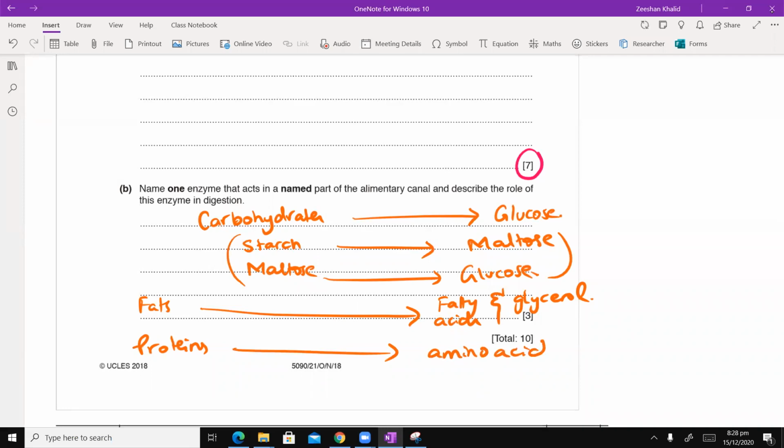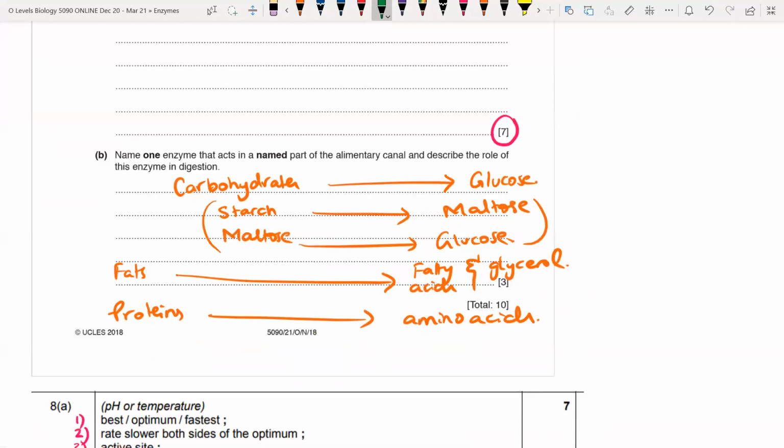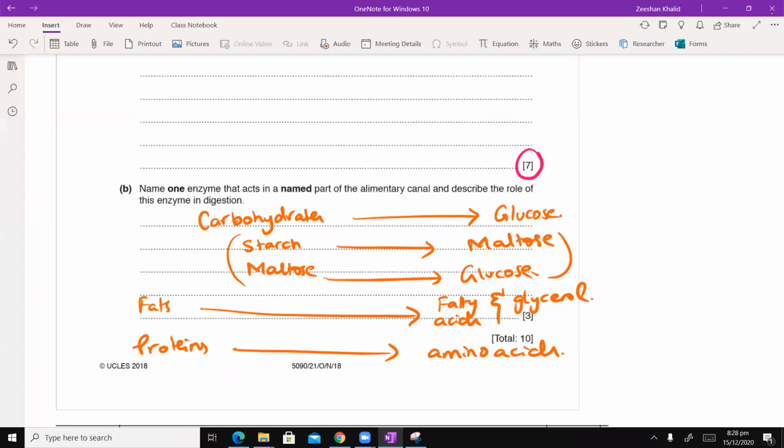Now, these are the reactions that we will be talking about in animal nutrition. But why am I telling you this now? Because you need to know the names of the enzymes that are involved in this. Generally, the name of the enzymes for carbohydrates is amylases. Starch to maltose is amylase, and maltose to glucose uses maltase.